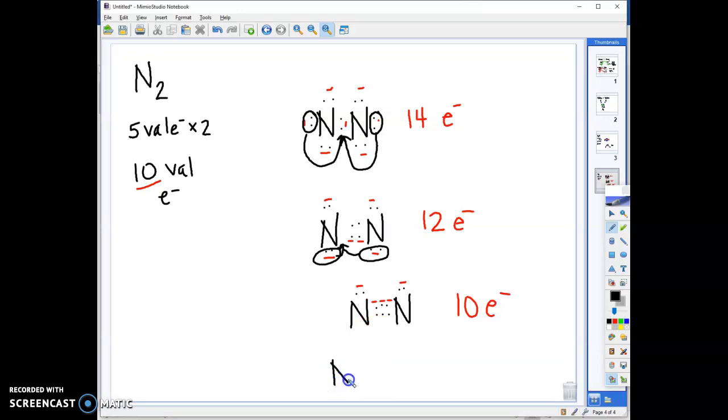To clean this up, I'm going to use my bond notation and use 3 lines to indicate that I have a triple bond. Then I'm going to come back and make sure that I put that lone pair on there. And so my shape then is linear. I don't have any other option. There's no other way for it to occur besides linear.